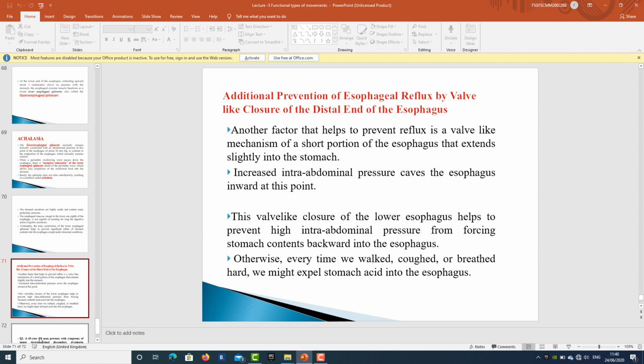This valve-like closure of lower esophagus helps to prevent high intra-abdominal pressure from forcing stomach contents backward into the esophagus. Otherwise, every time we walked, coughed, or breathed hard, we might expel stomach acid into the esophagus.